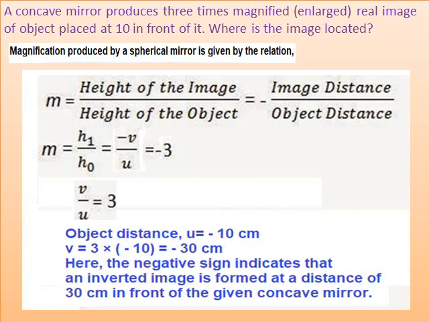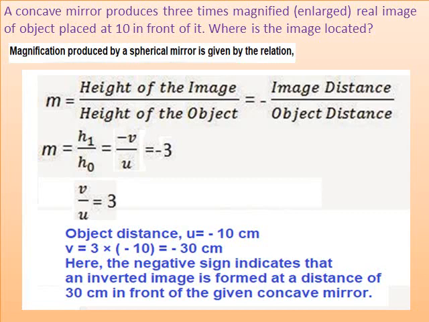Minus 3 is equal to minus V by U. So then V by U will become 3. When you remove the minus sign on both sides of the equal to sign, you will get V by U is equal to 3. So from this we get V is equal to 3U.